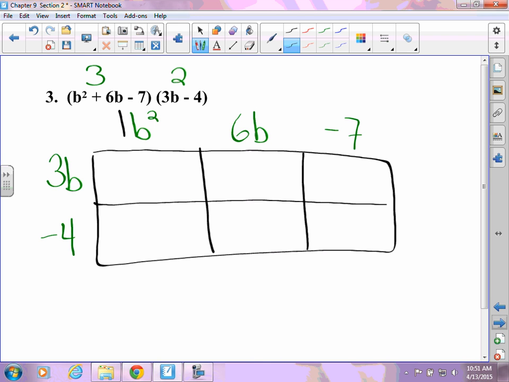So if you want to put that stuff in there, you can as we go. 3 times 6 gives me 18, b to the second, because a 1 and a 1 make 2 for the exponents. 3 times negative 7 gives me negative 21b to the first.